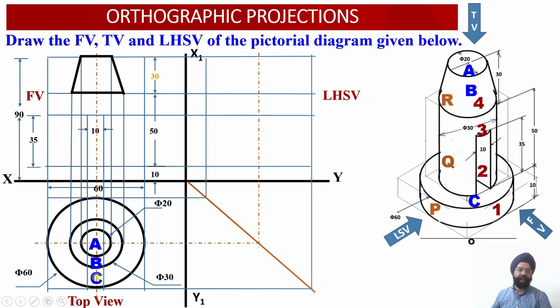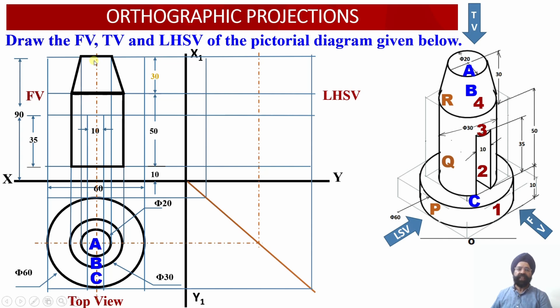Then the gap between these two circular cross sections, that is between element 2 and element 1, whatever this gap is, this is my surface number C. Surface number C has been projected as a true shape onto the horizontal plane. So surface A is a true shape, surface C is a true shape, while surface B is the apparent shape of this surface. Now let us complete the front view as well, because all the construction is completed.